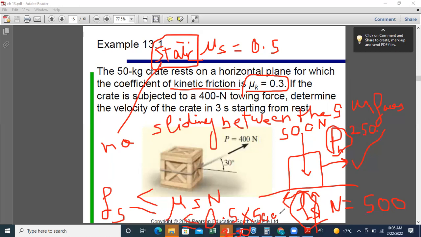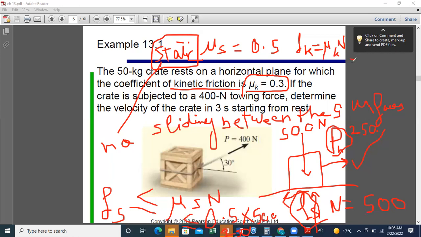So whenever I just exceed 250, my box will move because my friction is not able anymore to oppose motion. And then I will have motion. And at this instant, the static friction will drop from static value to kinetic value. And the kinetic value of friction is F kinetic equals mu k times N. So when I just exceed 250, the friction will become kinetic.